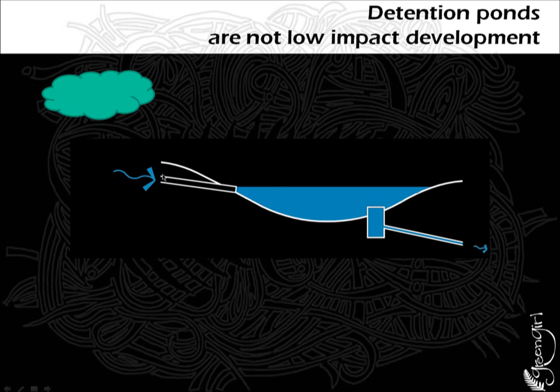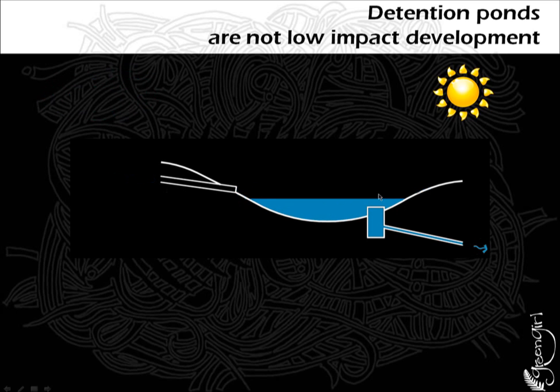Now we've reached the peak of the storm, but we're still ponding because even though we're past the peak of the storm, water is still running off at a faster rate than it's allowed to leave the system. And then the sun comes out, and the detention pond is still emptying, still emptying, long after a typical pre-developed site would be letting runoff go off the site.